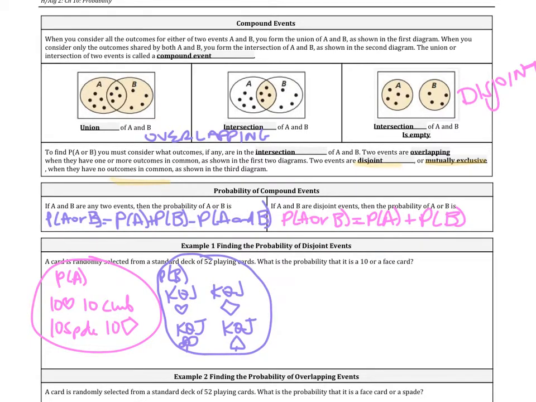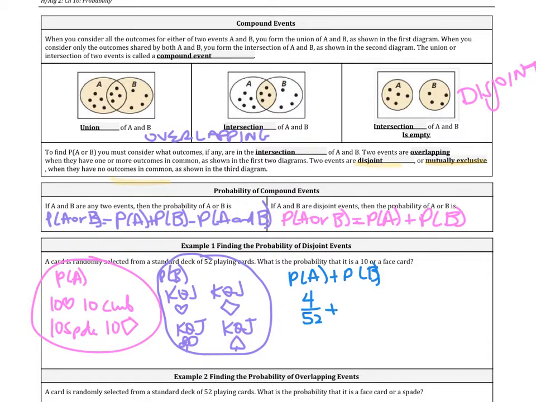So all we need to find is the probability of A plus the probability of B. For the probability of A, we have 4 chances of drawing a 10 out of 52 cards.